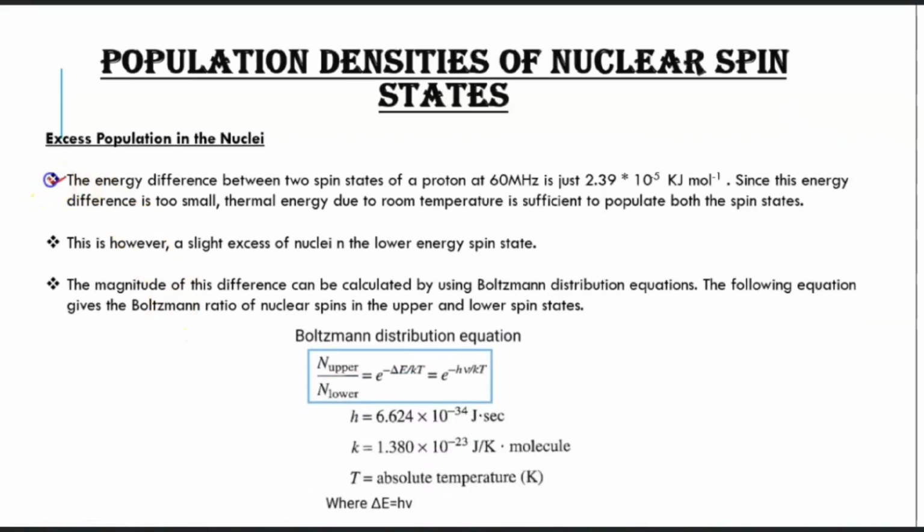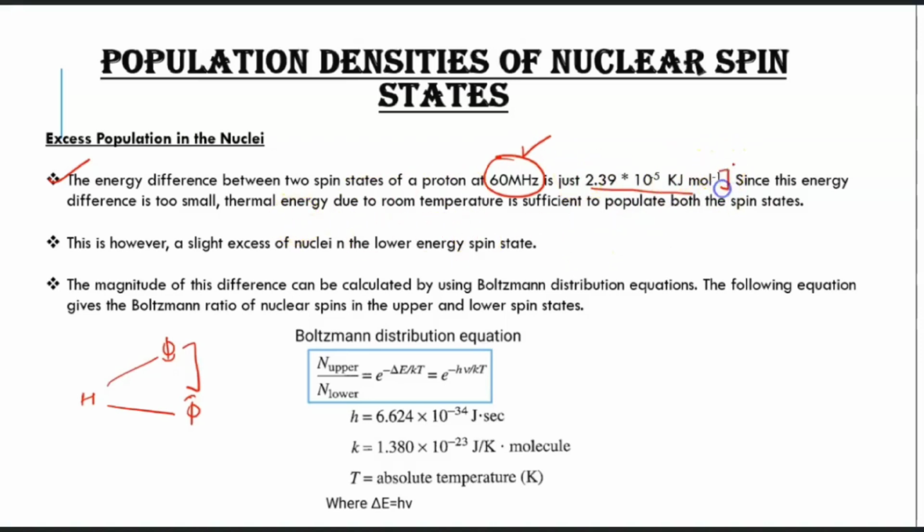And the energy difference between the two spin states of a proton, that is any proton, this and this, at 60 megahertz is 2.39 into 10 raised to the power minus 5 kilojoule per mole.